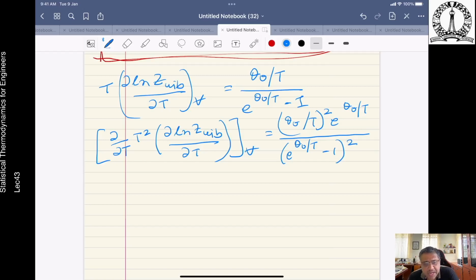These are the two standard partial derivatives for the partition function.